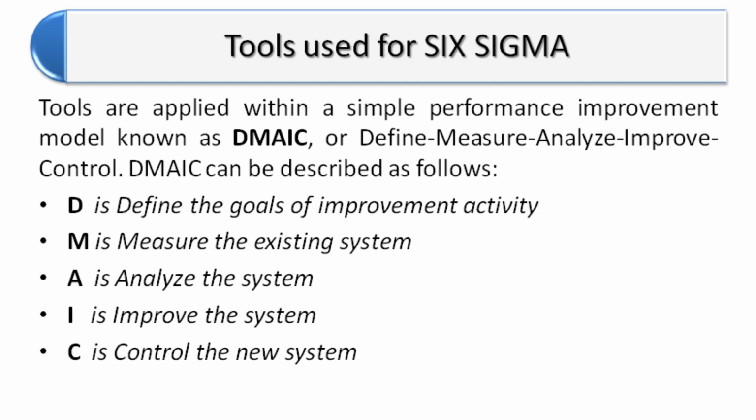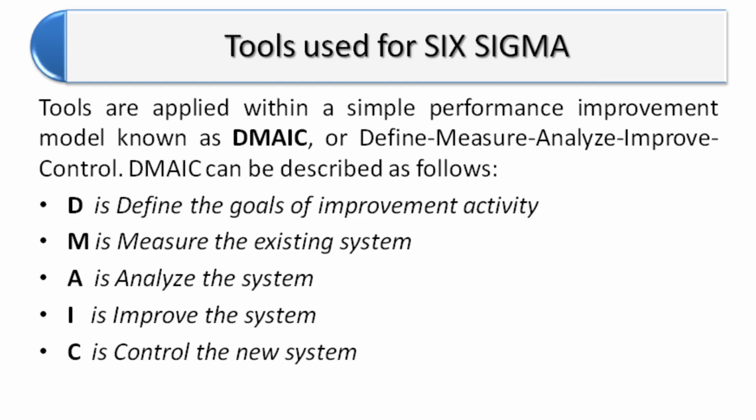Next, M stands for measure the existing system. That means establish valid and reliable metrics to help monitor the process towards its goal. Build on the previous step by determining the current baseline. Therefore you have to use exploratory or descriptive data analysis to help yourself understand the data.